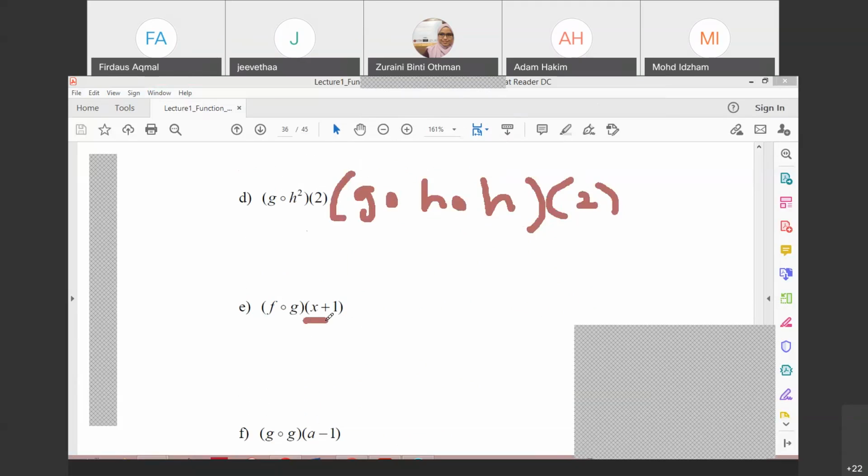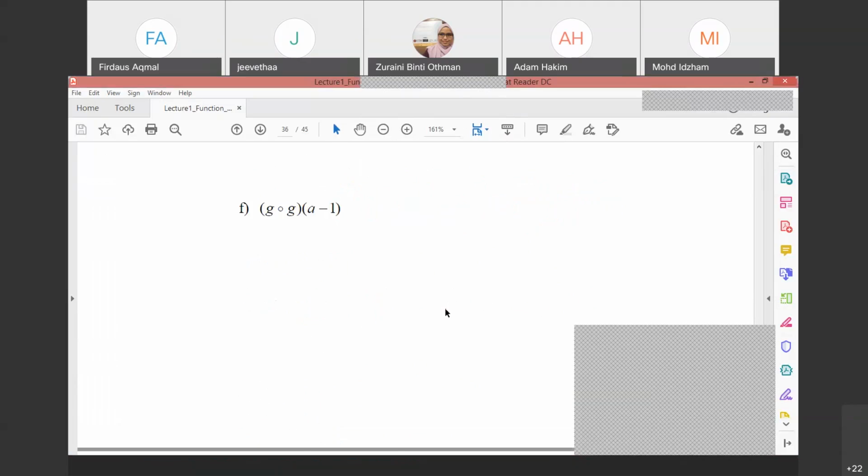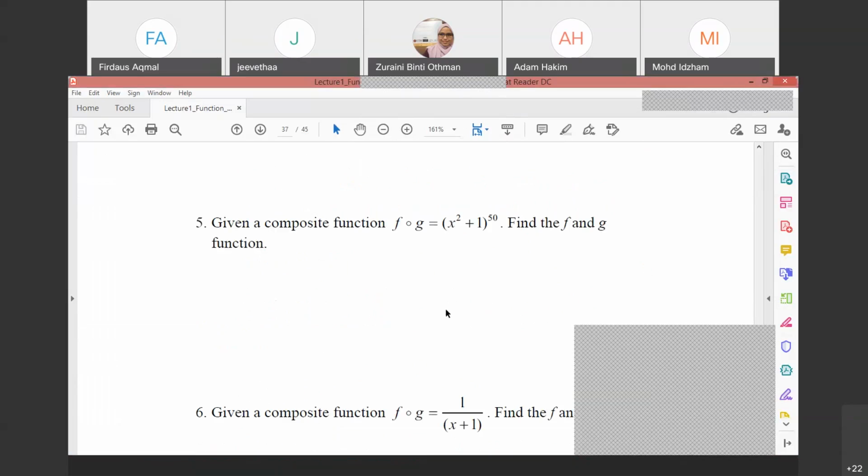Yang ni pun sama juga, F kita gantikan, maksudnya dalam G tu nanti ada X gantikan dengan X campur 1. Okay, yang ni nak kena terangkan ke? Buat sendirilah.